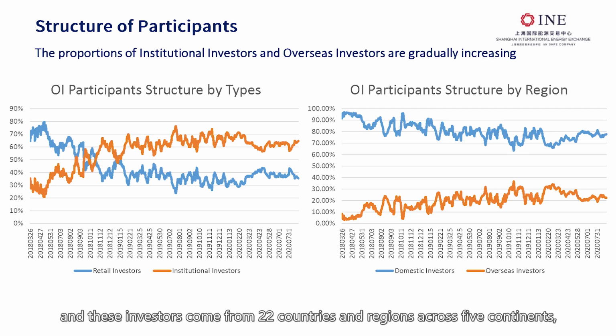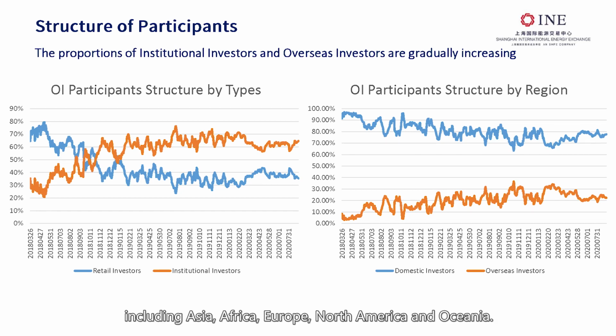these investors come from 22 countries and regions across 5 continents, including Asia, Africa, Europe, North America, and Oceania. Foreign investors are mainly institutions like oil companies, trading houses, and financial institutions.